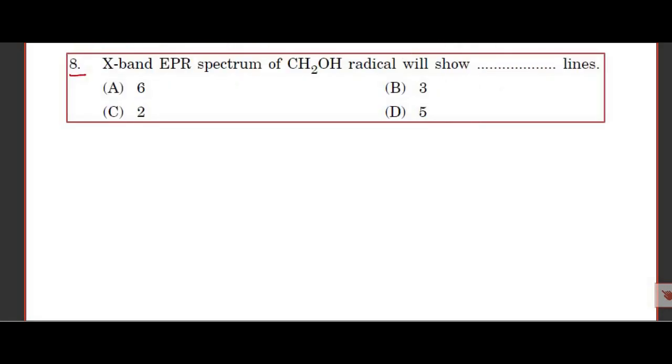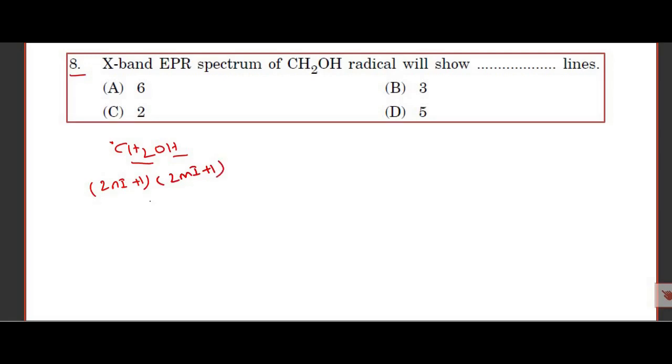Question number 8. X-band EPR spectrum of the CH2OH radical shows how many lines. Let us take this radical. CH2OH is a radical. In this radical, there are two types of hydrogen, CH2 and OH. The formula is 2nI plus 1.